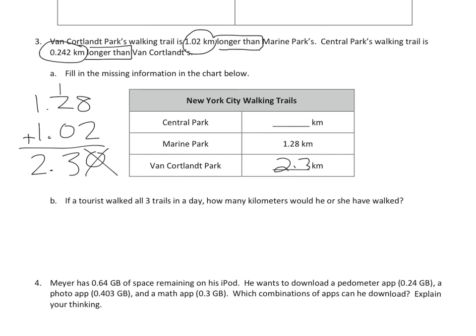Now for Central Park, the clue was Central Park is 0.242 kilometers longer than Van Cortlandt. So we already found Van Cortlandt, so we need to add 2.3 tenths.